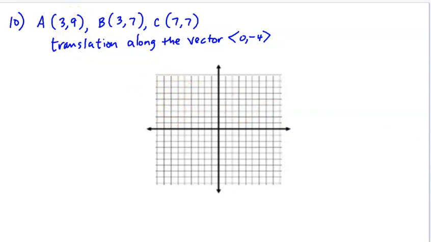We can go ahead and plot these points. 3, 9, it's going to be vertex A. 3, 7, vertex B. And 7, 7, that'll be vertex C. All right, so once again, we have this little triangle.